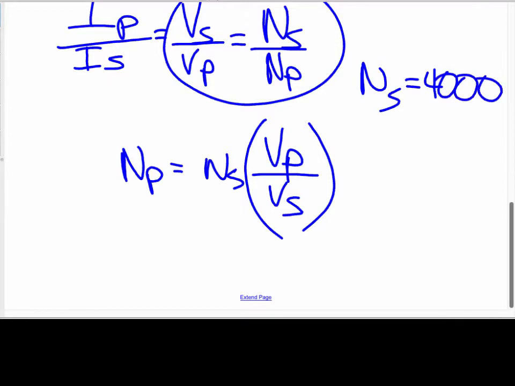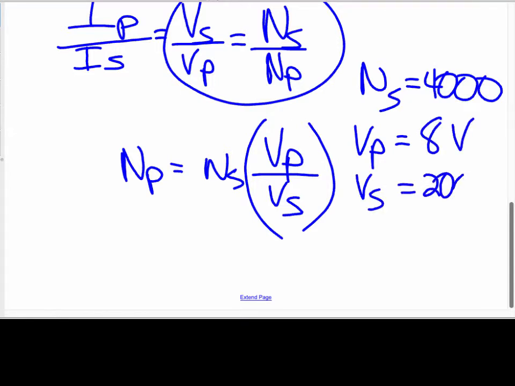If we're stepping up, the first number they gave us was the primary coil, 8 volts, and then the secondary coil was 2,000 volts. They gave us a current, but that's really more for part B of the question. Does that make sense? So this is all I need for now.